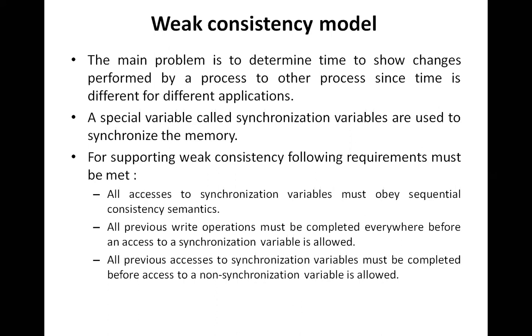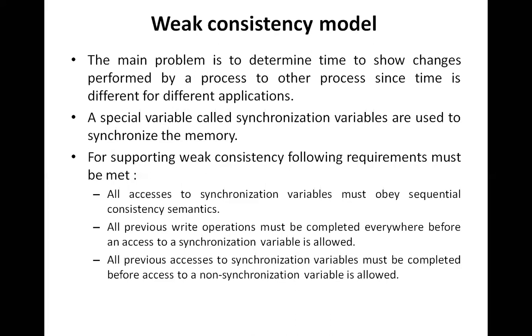Now, if any distributed shared memory system is going to support this weak consistency model, then it has to use a very special variable called the synchronization variable. This synchronization variable is going to maintain the consistency. The purpose of this synchronization variable is to synchronize the memory.